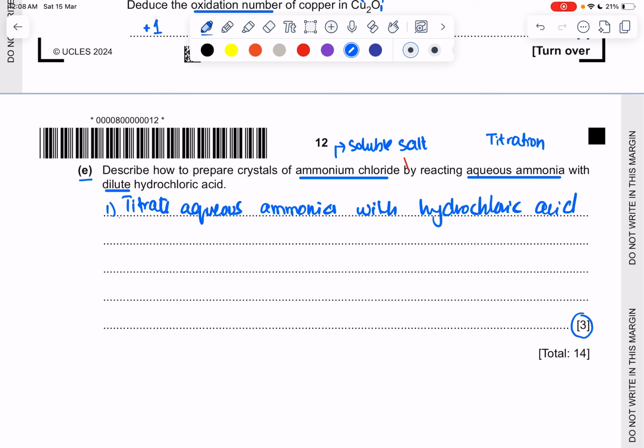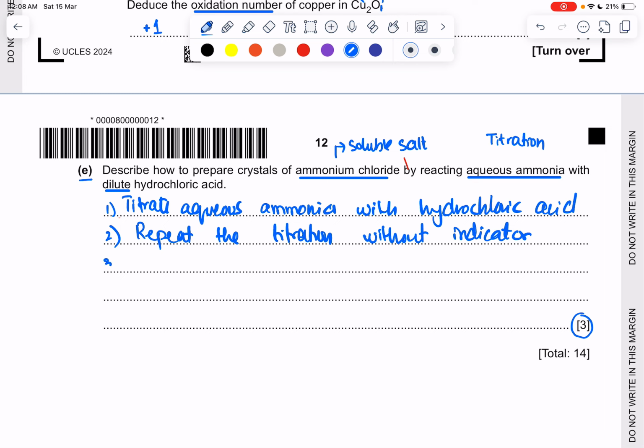So instead of that we will write a second step: repeat the titration without indicator. As we repeat the titration without the indicator, we will get a pure solution in the form of filtrate.